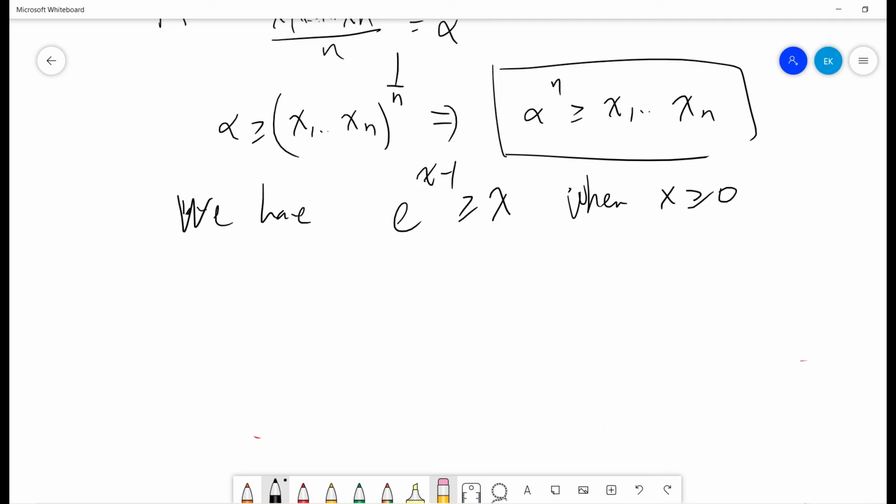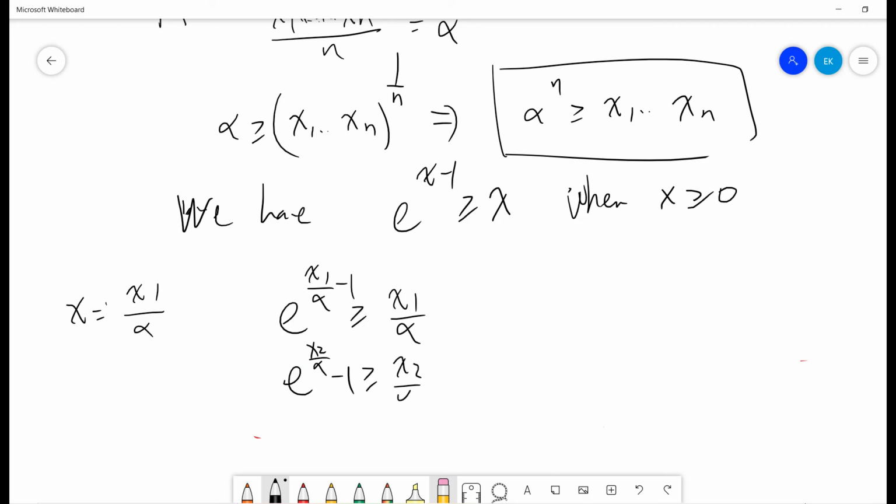Okay, so let me let the first x be x1 divided by alpha. So we have exponential x1 divided by alpha minus 1 greater or equal to x1 divided by alpha. And then we have exponential x2 divided by alpha minus 1 greater or equal to x2 divided by alpha, and keep going. We have exponential xn divided by alpha minus 1 greater or equal to xn divided by alpha.